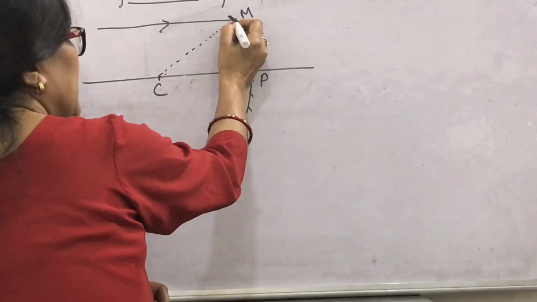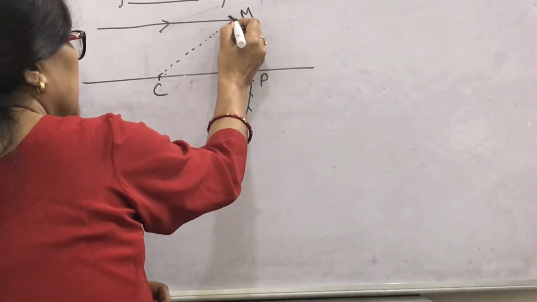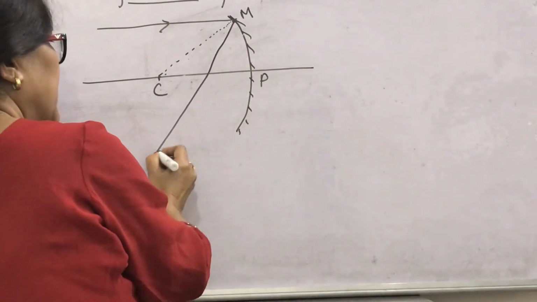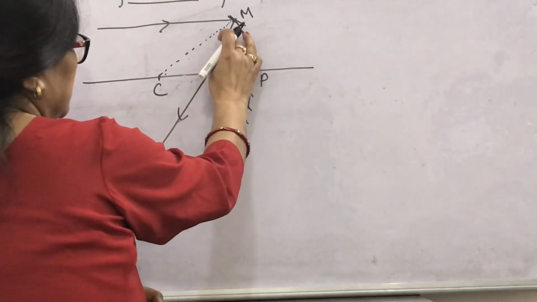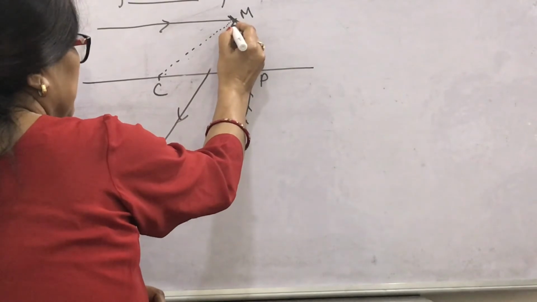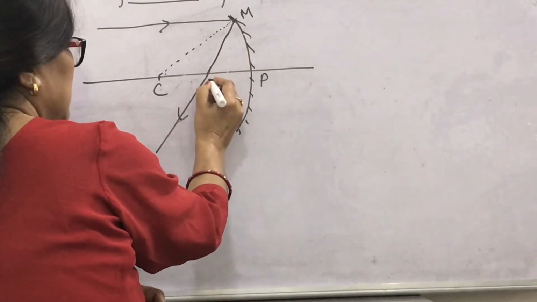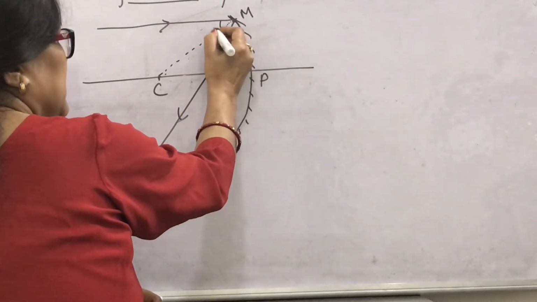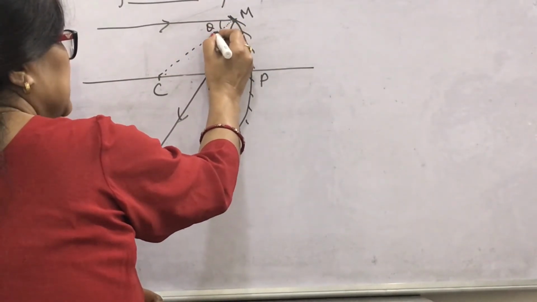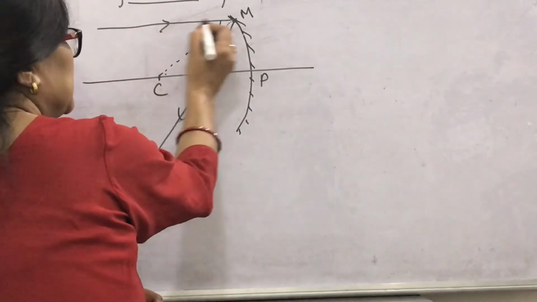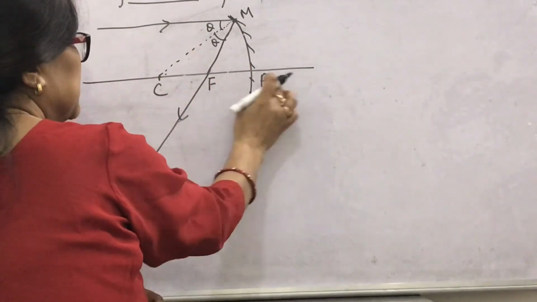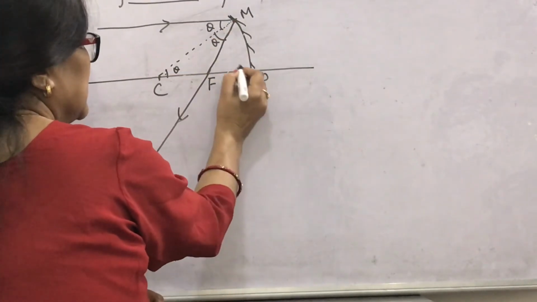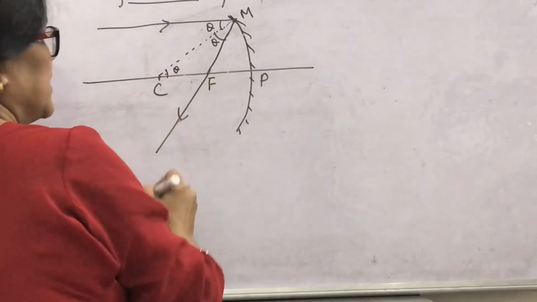Forming the same angle with this dotted line, the ray will be reflected like this. This reflected ray is passing through this point. Suppose this is F. These two angles, angle of reflection and angle of incidence, will be the same, and this ray is parallel to the principal axis, so this alternate angle will be the same.